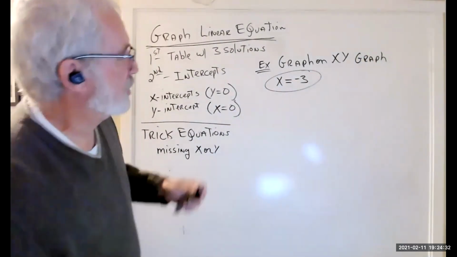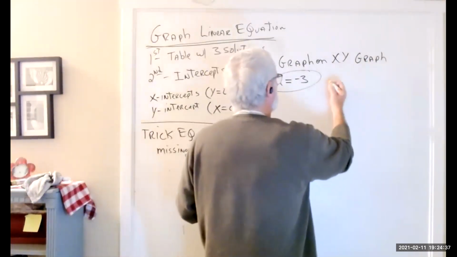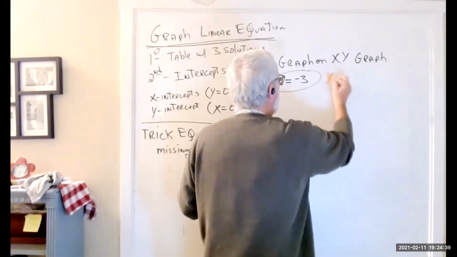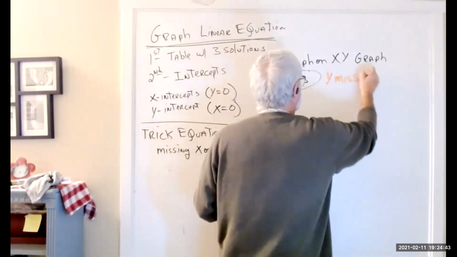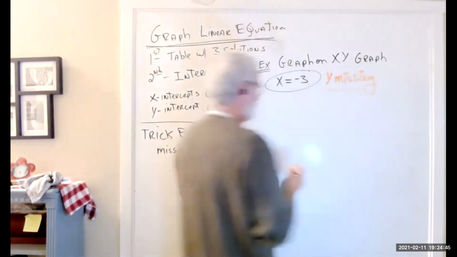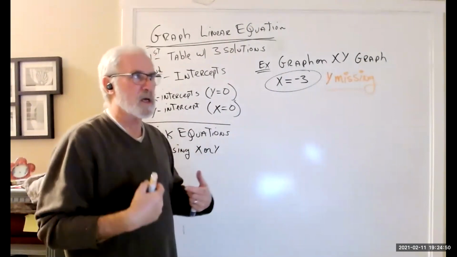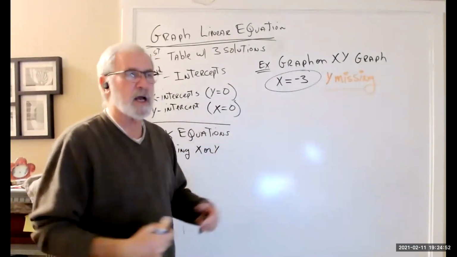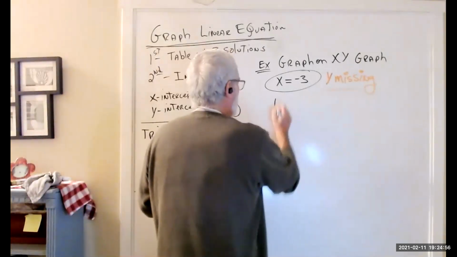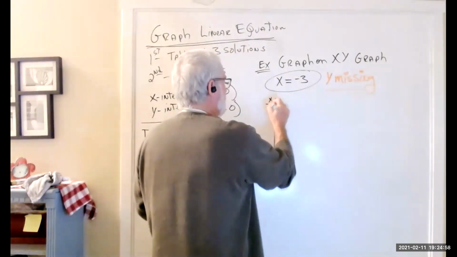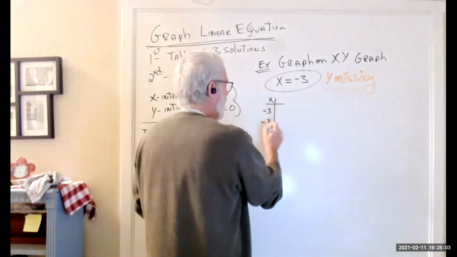So the first thing you want to look at is you want to say, uh-oh, Y is missing. Now, this is the way I teach it. You may not like it. In the end, I don't care how you get the answer. But this is saying on your table that X is locked in at -3.